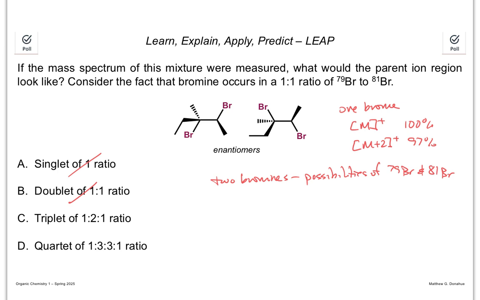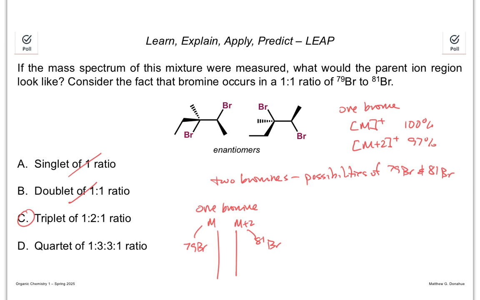Anybody got a guess? It's going to be a triplet. So remember, one bromine will look like this. That's your M. That's your M plus 2. The height's the same. So again, what does that correspond to? That's 79 Br. This is 81 Br.